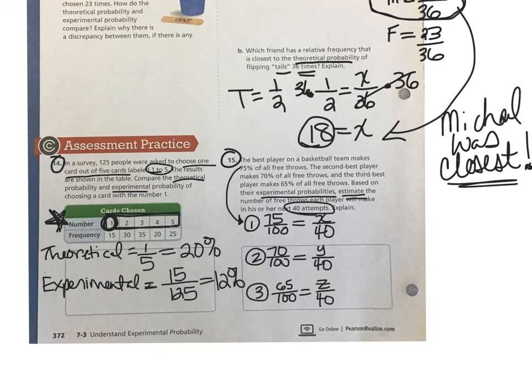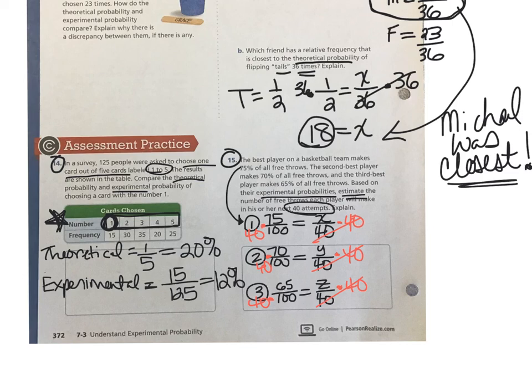So in other words, to solve each of these proportions, I would need to take 40 and multiply both sides of the proportion by that number. So in the case of player number 1, we have 40 times 75 divided by 100. In the case of player number 2, we have 40 times 70 divided by 100. In the case of player 3, we have 40 times 65 divided by 100.